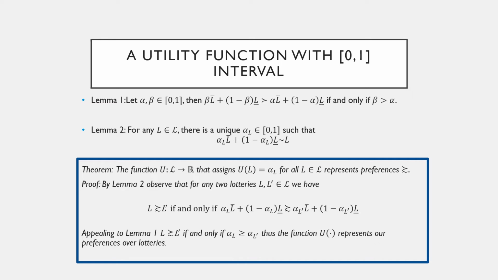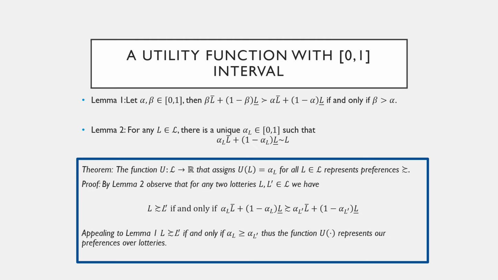And the way we prove this is that we observe that for any two lotteries, we have a case where L is at least preferred to L prime if and only if this convex combination under alpha L is at least as good as the convex combination under alpha L prime.